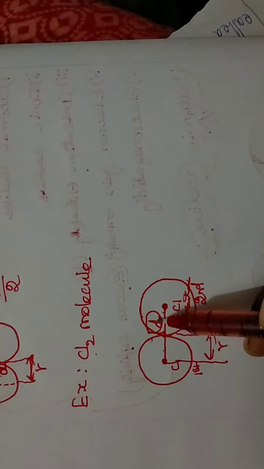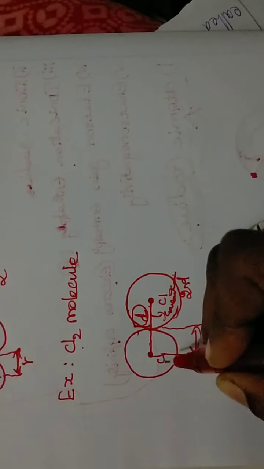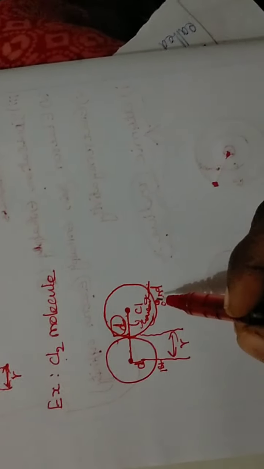And this distance is D, and the radius of one chlorine atom is R. This is the first chlorine and this is the second chlorine. So the first chlorine is connecting with the second chlorine by a covalent bond.